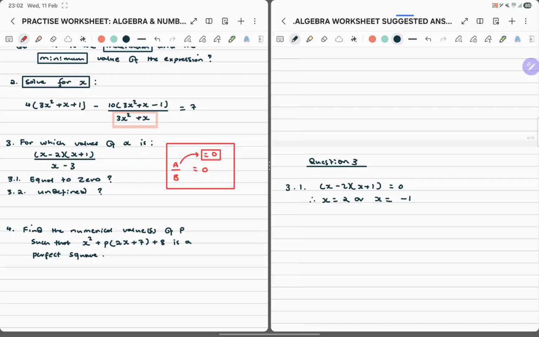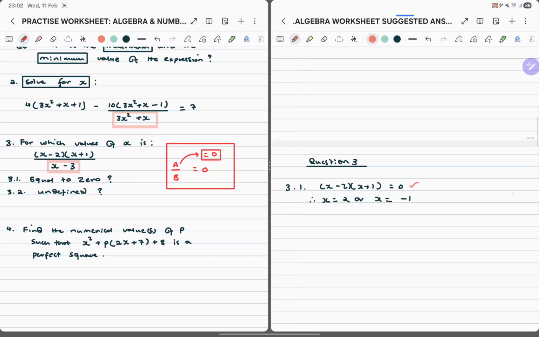But remember, once we finish here, we must check if we don't have a situation developing, because the x value that we put here will also affect the denominator. It cannot be 0. So we can clearly see none of these two solutions give us a 0 on the denominator. So this is good.